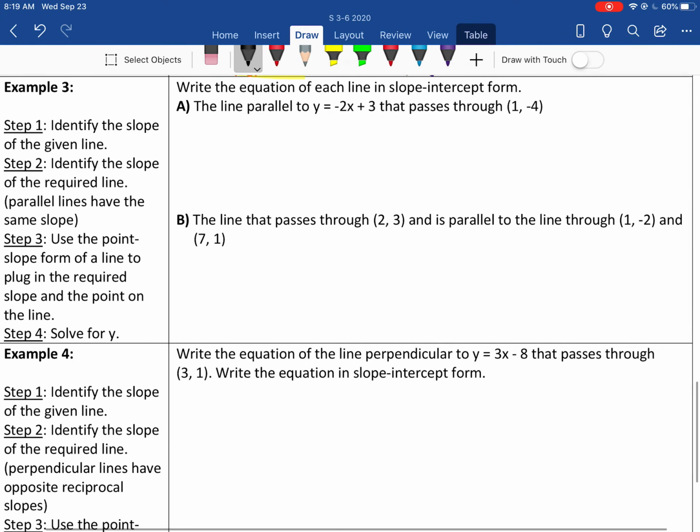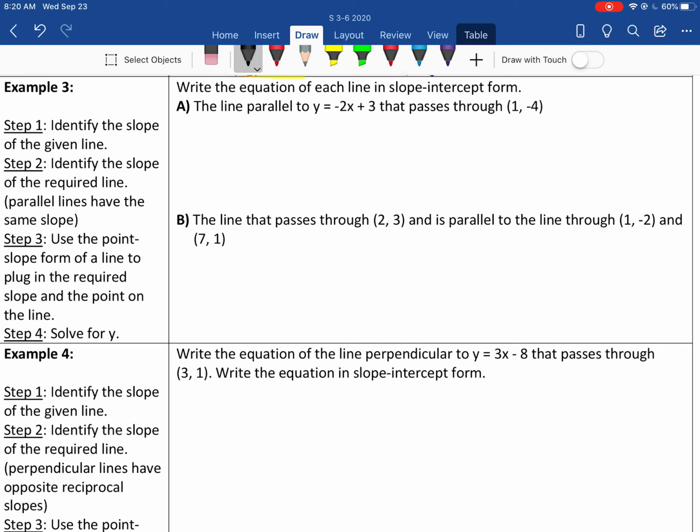All right, so for the next one, we are writing the equation of the line in slope-intercept form. On the left-hand side, you will see directions on how to do them.